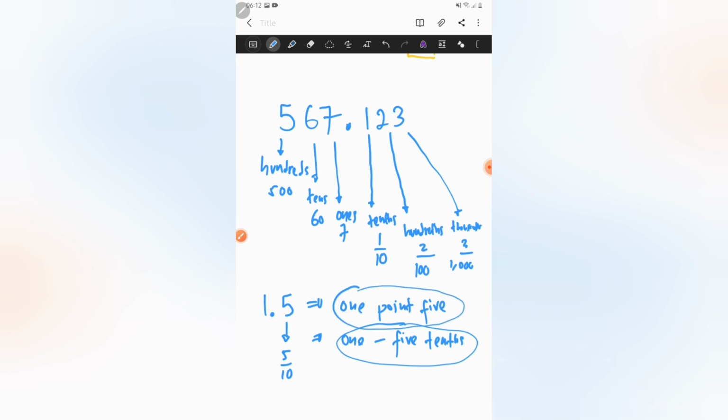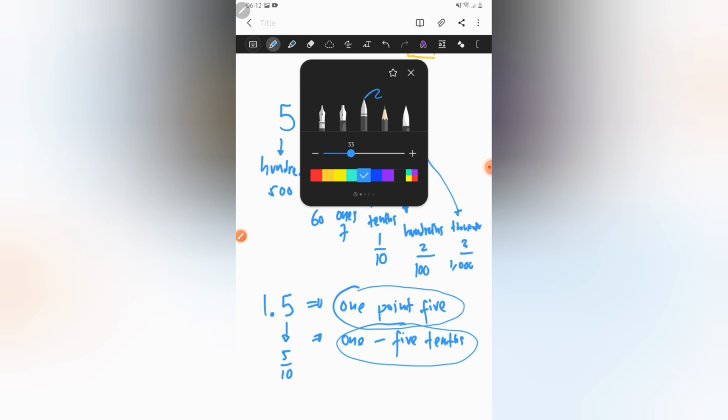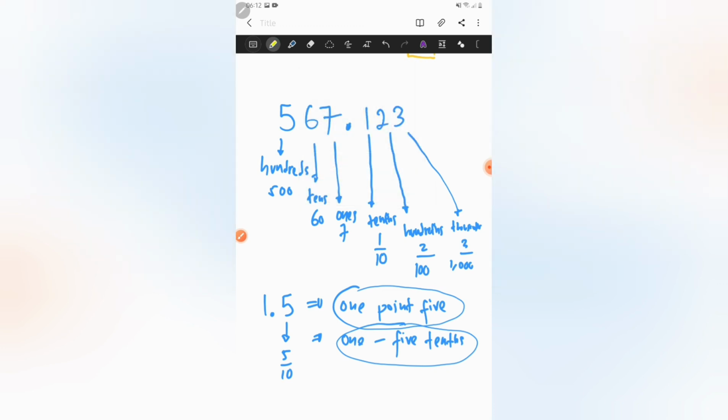And always remember, when you read the numbers after the decimal point, you don't read them as 123 or other numbers, because that is not their place value. We just read them one by one like this: 567.123.